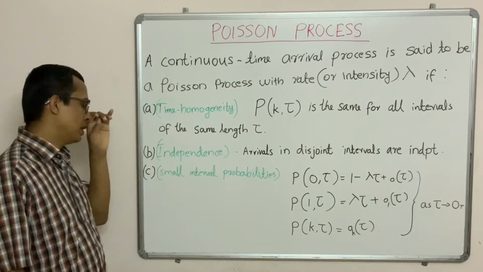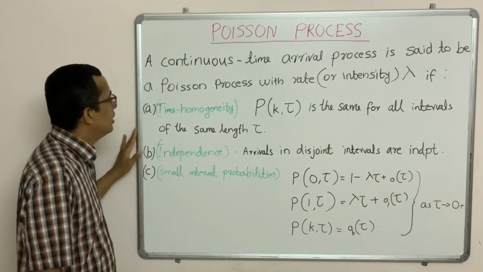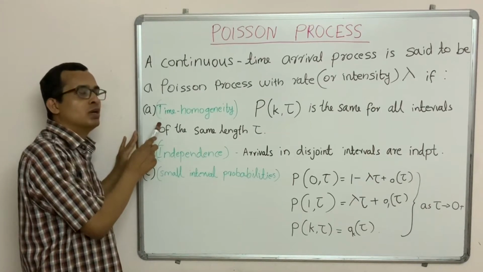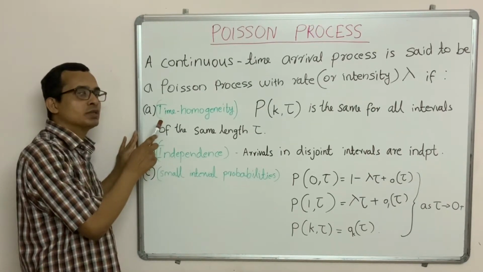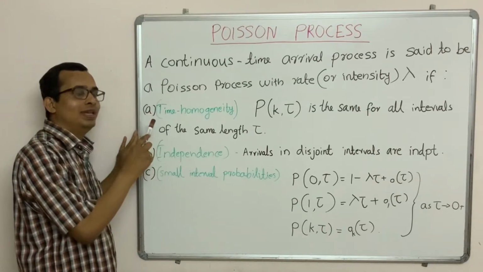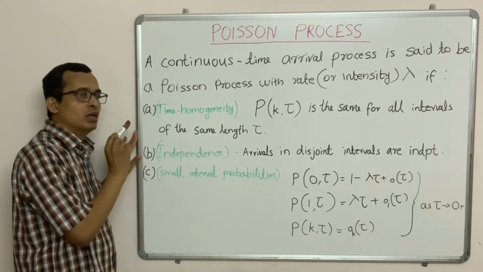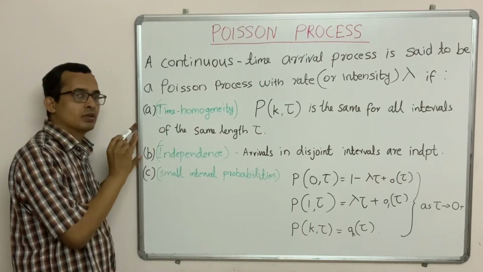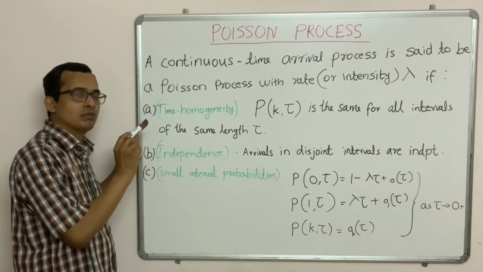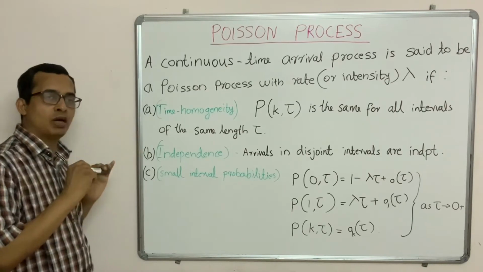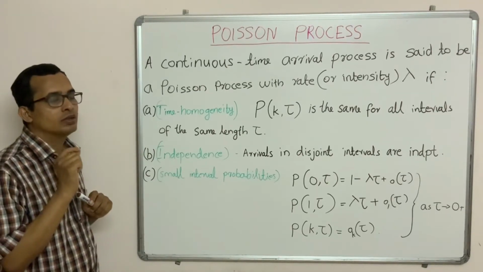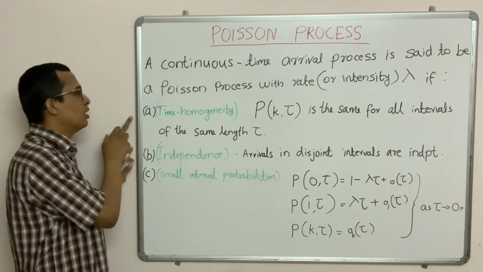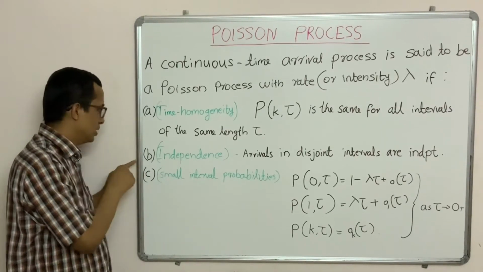This assumption corresponds to the Bernoulli process assumption that in each time slot the arrival distribution is the same. There it is Bernoulli with the same parameter p. So this is analogous here in the continuous time case.